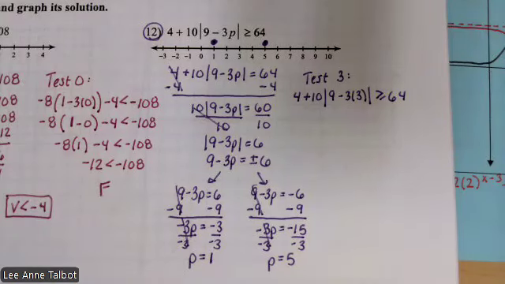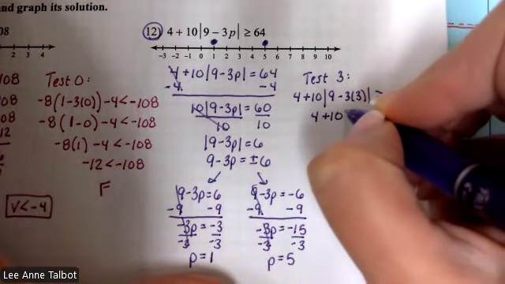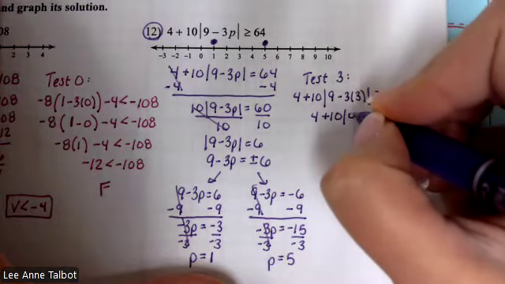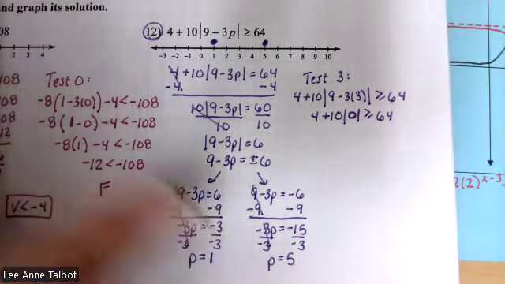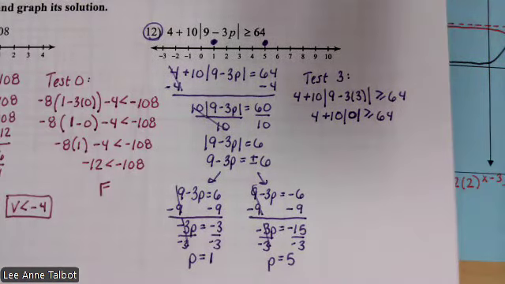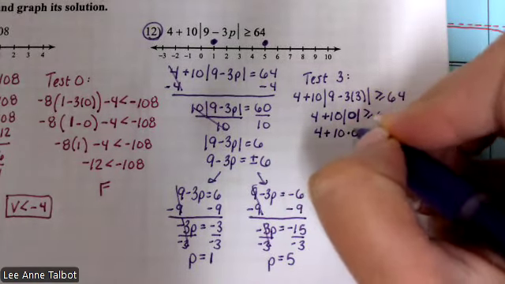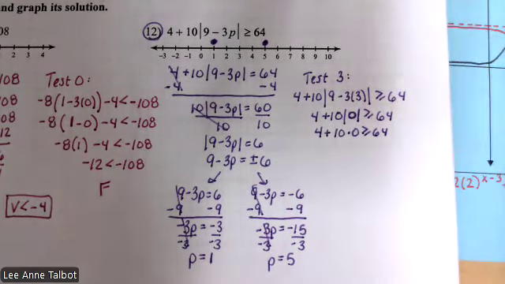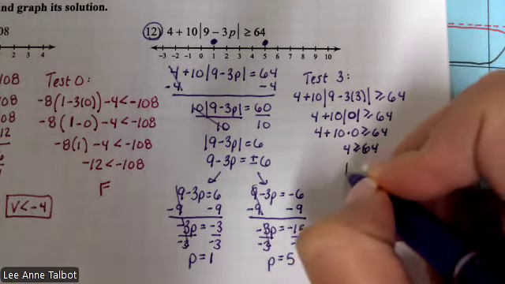Thinking it's going to be false, maybe not. No, it is. Okay, anyway. So 9 minus 9 is 0. This becomes 4 plus 10 times 0, which is 4, which is false.